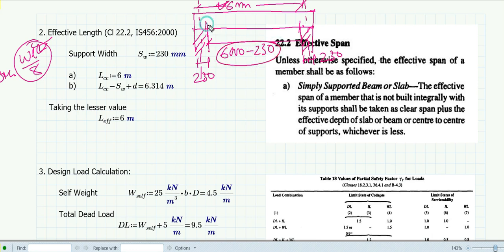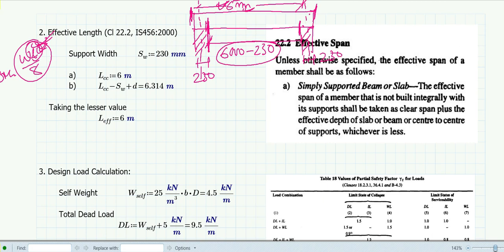This is a clear span, from the face of the support to the face of the other support. 6 meter is from the center of the support to the center of this support. If we are asking for the span or this L square, what should be the L? Whether 6 meter from center to center, the clear span, or maybe from outside to outside, you will get different lengths. So what length should be taken?